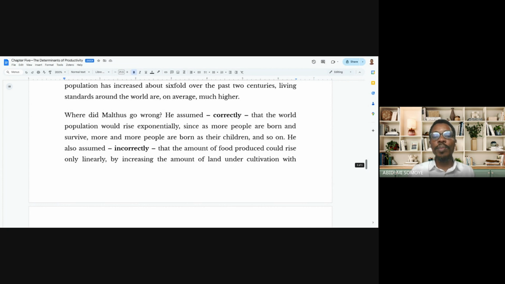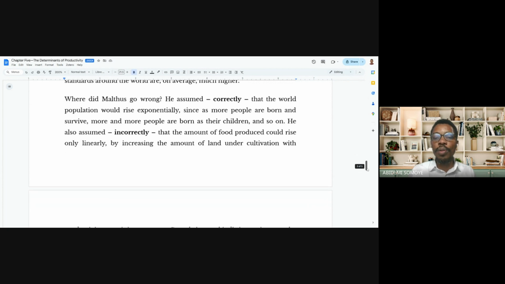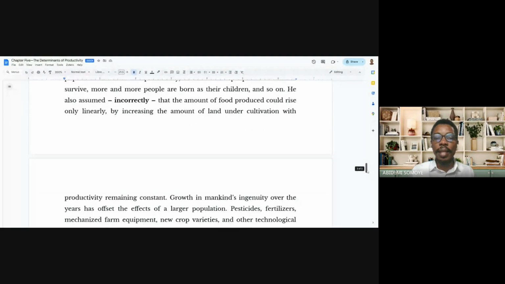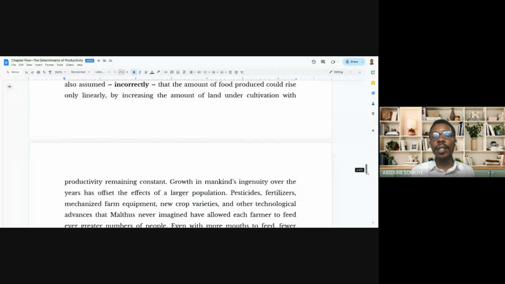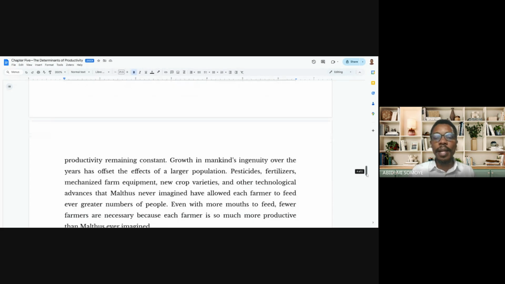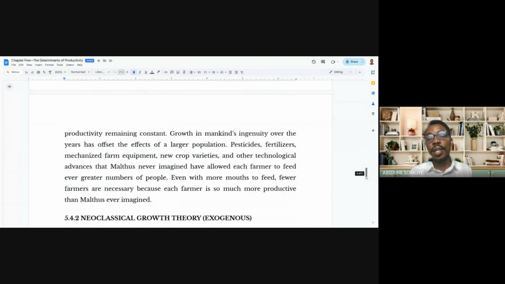He also assumed incorrectly that the amount of food produced could rise only linearly by increasing the amount of land under cultivation, with productivity remaining constant. Growth in mankind's ingenuity over the years has offset the effect of larger population.